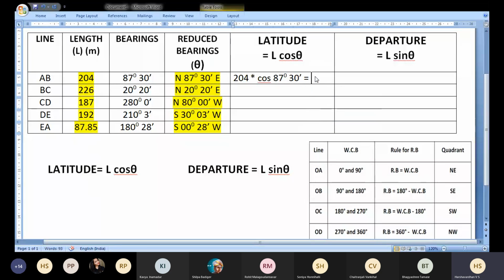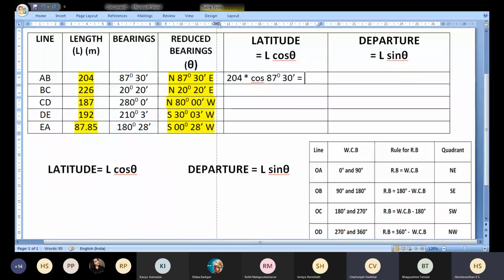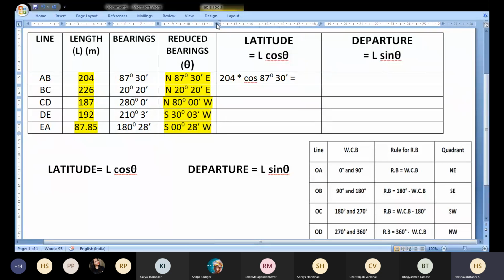So please tell me what is the latitude. 8.898.